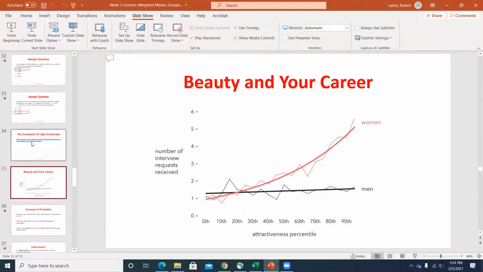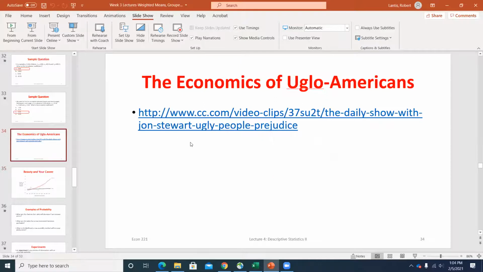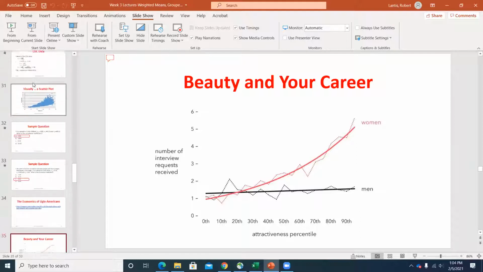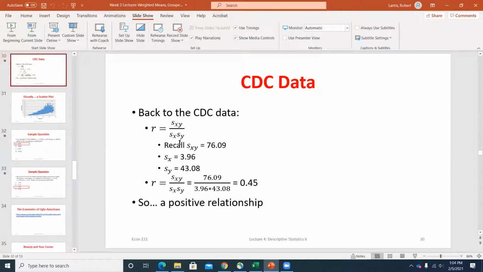And he does that among other things. He talks more in this clip about the correlation between attractiveness and wages and salary and things like that. It's pretty interesting and shows us that a simple statistic like this correlation coefficient can actually allow us to see some very real world problems, okay?